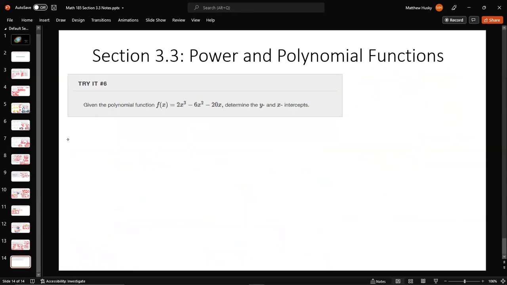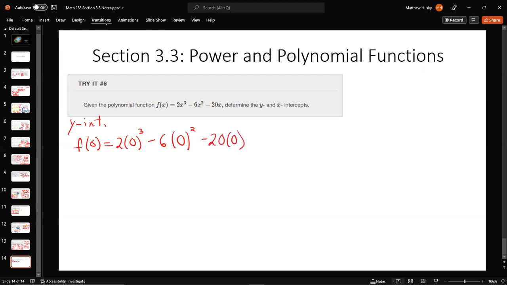Now here they give us this. They say 2x to the third minus 6x squared minus 20x. Let's find the y-intercept first because that's usually a lot easier. You plug in f of 0 and see what you get. 2 times 0 cubed minus 6 times 0 squared minus 20 times 0.